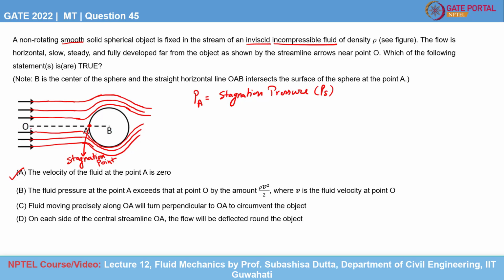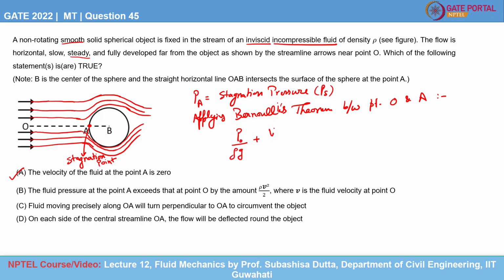Since it is an incompressible flow, and it is given that it is a steady, fully developed flow, we can apply Bernoulli's theorem between point O and A. Applying Bernoulli's theorem between point O and A, we will get pressure at point O by rho g, plus velocity at point O squared by 2g, plus datum head or potential head at point O, equal to pressure at point A by rho g, plus velocity at point A squared by 2g, plus ZA.